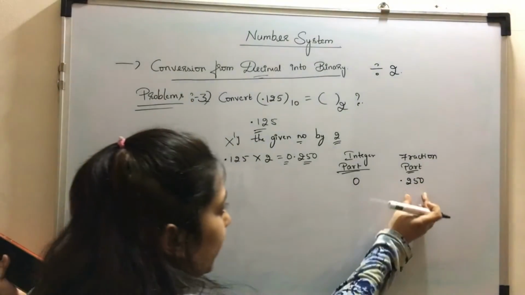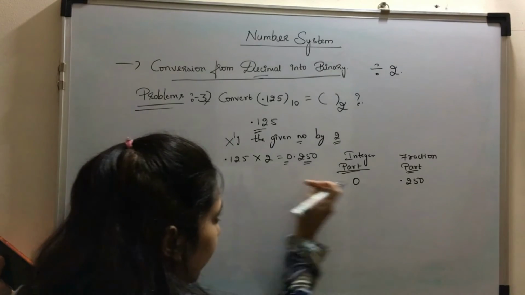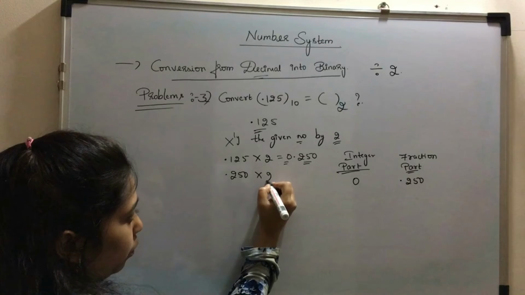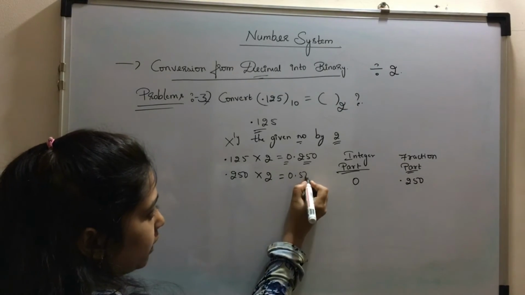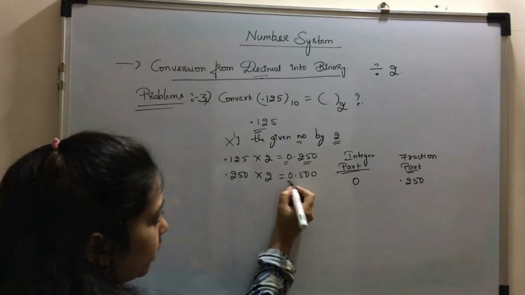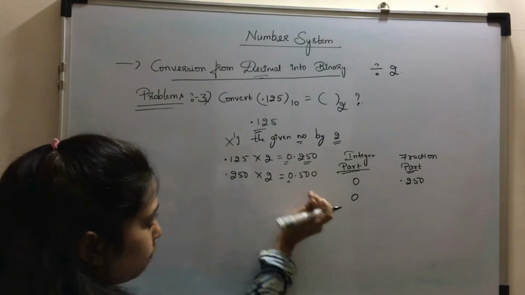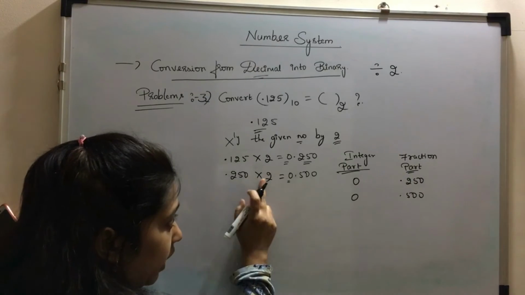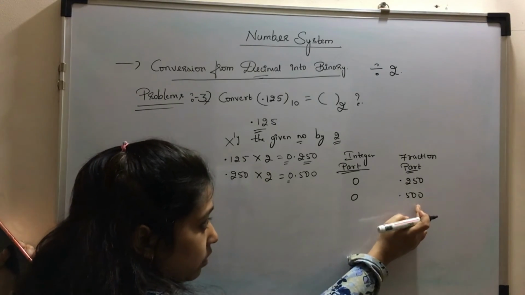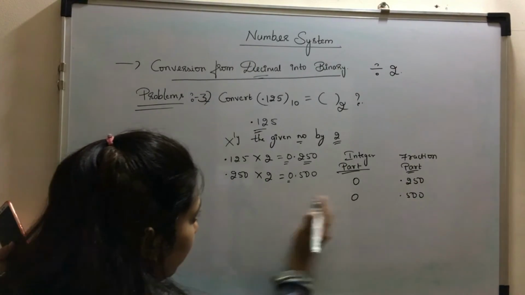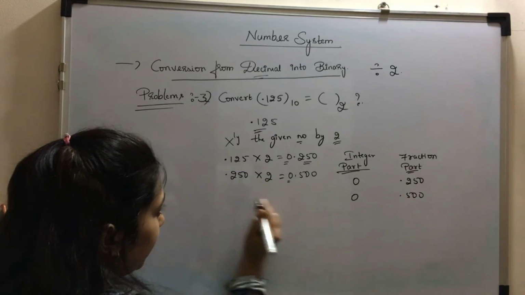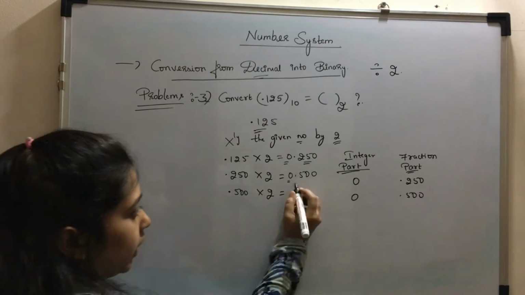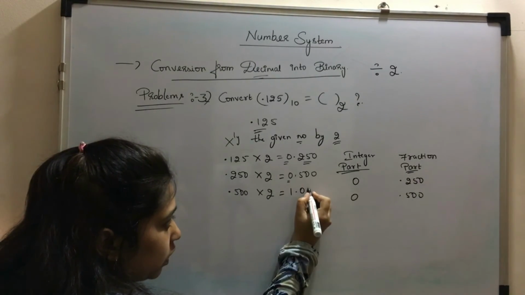Now again multiply this fraction part by 2, that is 0.250 into 2, that is 0.500. So the integer part is 0, and the fraction part is 0.500. Fine. We should keep on multiplying until the fraction part becomes 0. Now multiply this fraction part by 2. 0.500 into 2, that is 1.000.